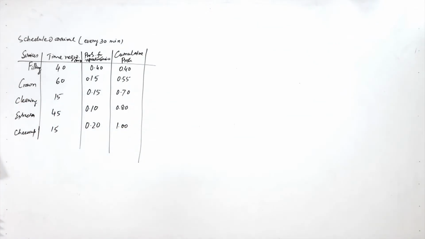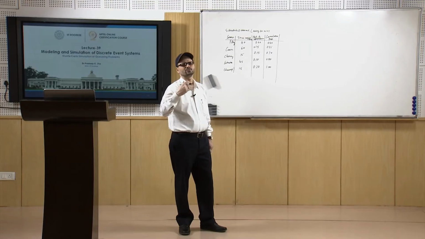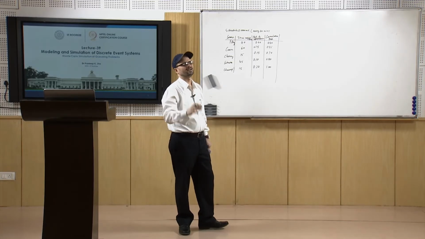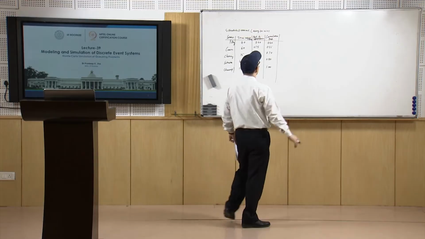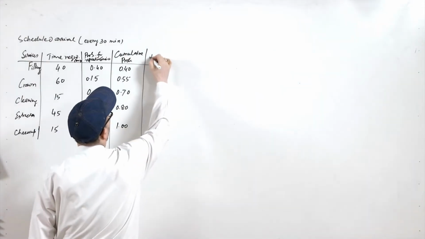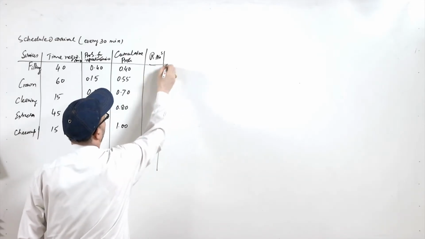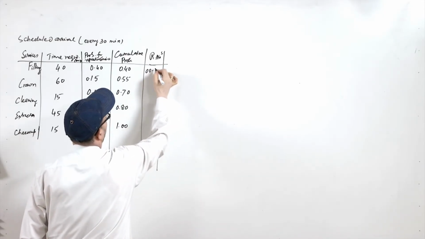As we have done in the previous examples, we will assign the random numbers from 00 to 99. For filling, that will be from 00 to 39.